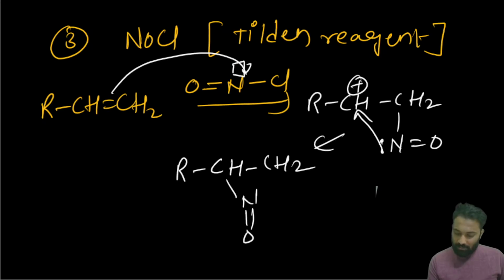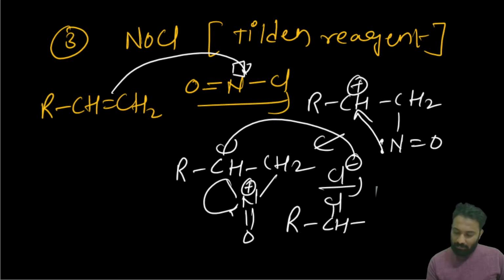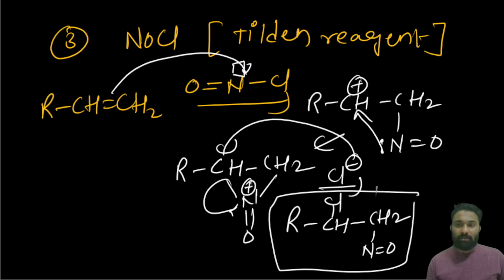Now when it is formed, again we have the Cl minus, right? That Cl minus will go and attack here. Again this bond pair of electrons will be shifted towards this nitrogen. Then what product will we get? This is the product we will get when we have taken Tilden's reagent. So you have to be very careful when this type of reagent is given.